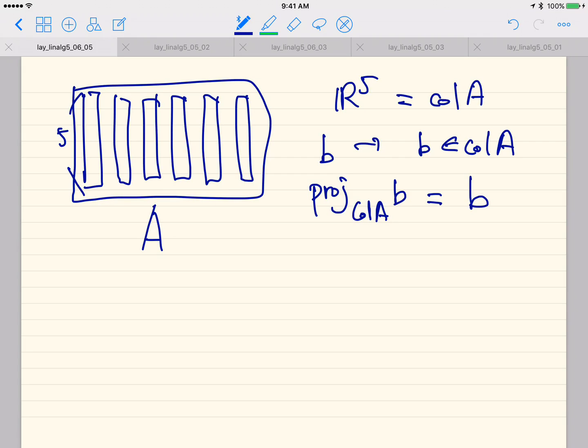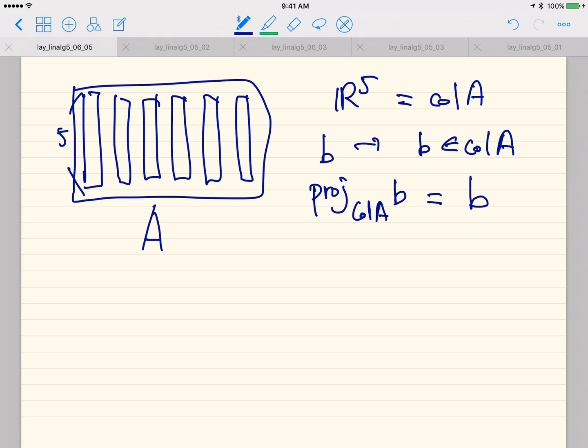It is a little bit tricky to think about the orthogonal projection in this case, at least in an intuitive sense, because our space is just the universe.